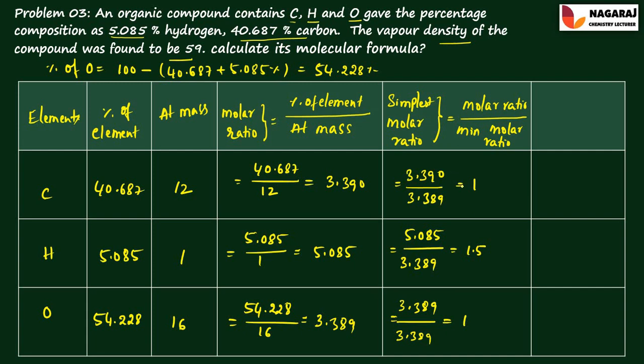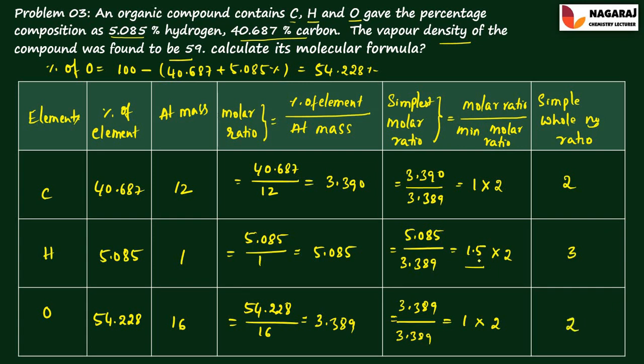So the simple molar ratio for hydrogen is not a whole number. We have to convert this 1.5 to simple whole numbers by multiplying with a suitable integer. So the simple molar ratios of all the elements are to be multiplied by 2. The whole number ratio: 1 into 2 is 2, 1.5 into 2 is 3, and 1 into 2 is 2.